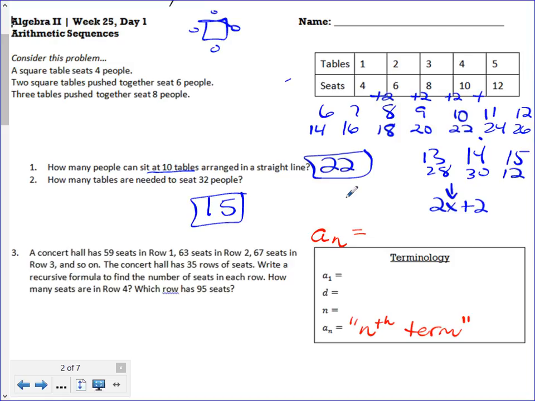So what I'm saying is, how many people will sit there? That's a to the nth. That's the nth term. The nth term is equal to the first term. That makes sense, right? A sub 1 means the first term, okay?